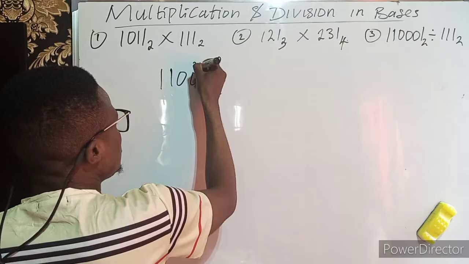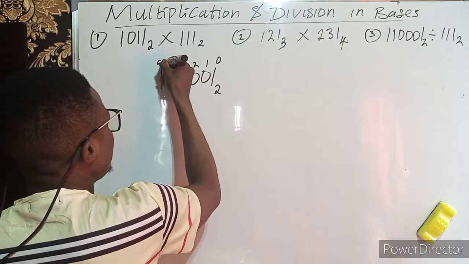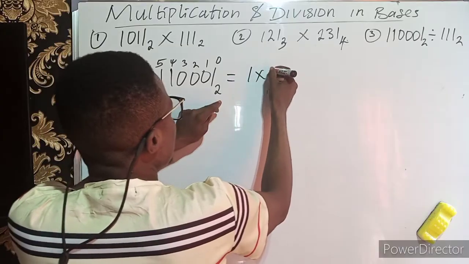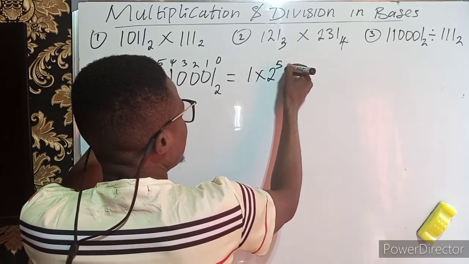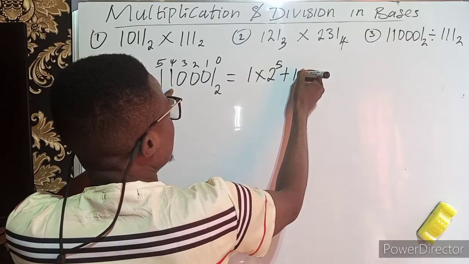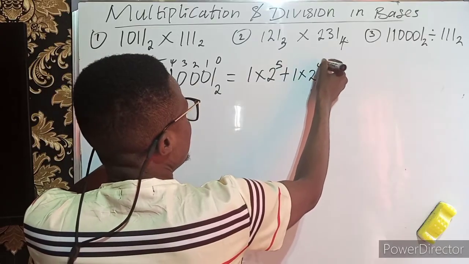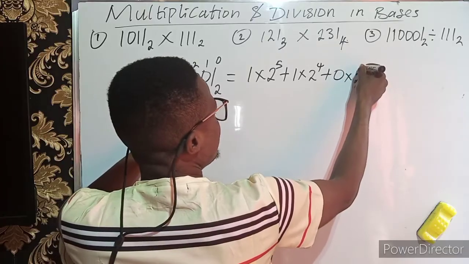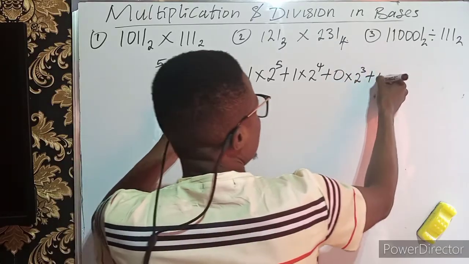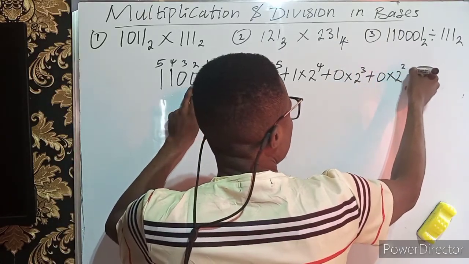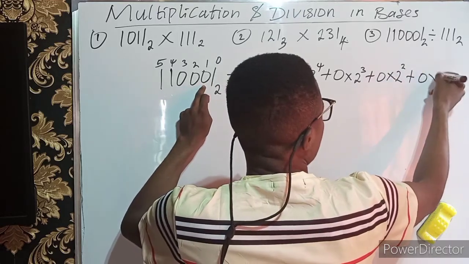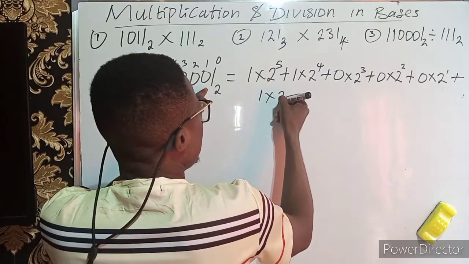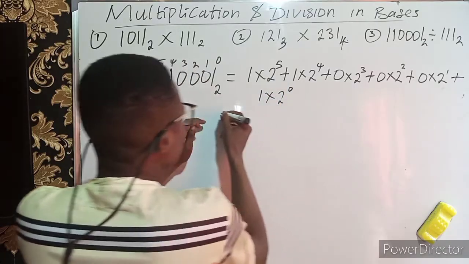This is position 0, 1, 2, 3, 4, and 5. Okay, we call it 1 times base 2 power of 5 plus 1 times base 2 power of 4 plus 0 times base 2 power of 3 plus 0 times base 2 power of 2 plus 0 times base 2 power of 1 plus 1 times base 2 power of 0.